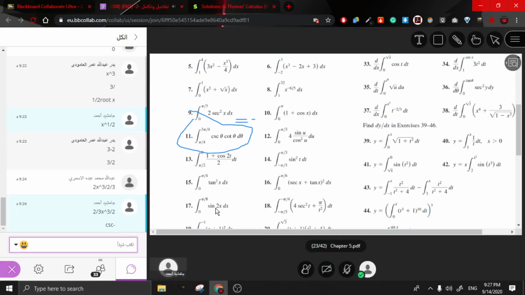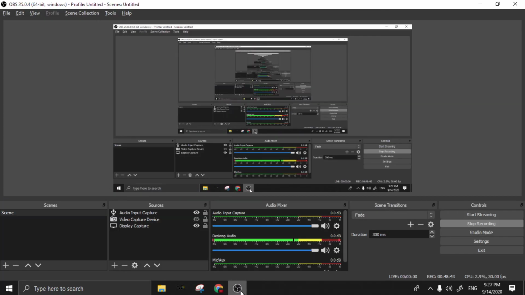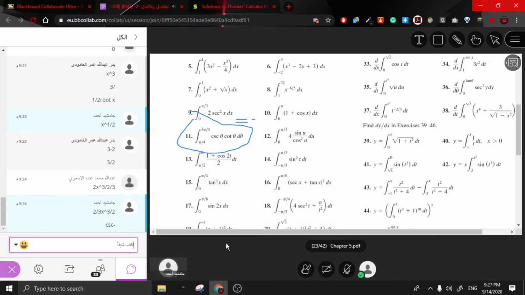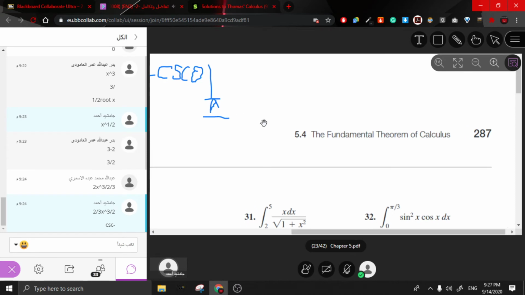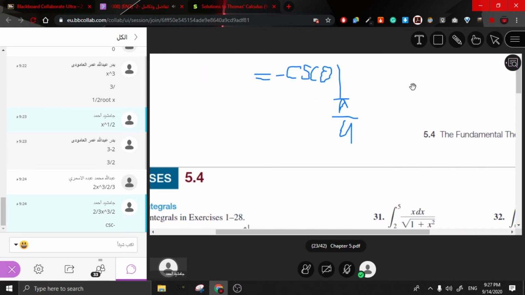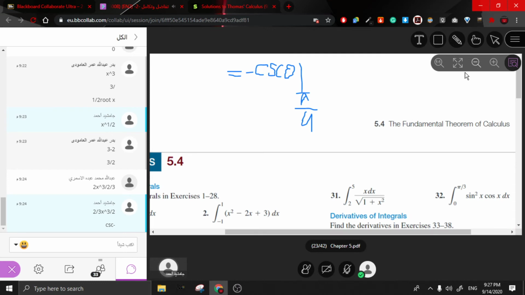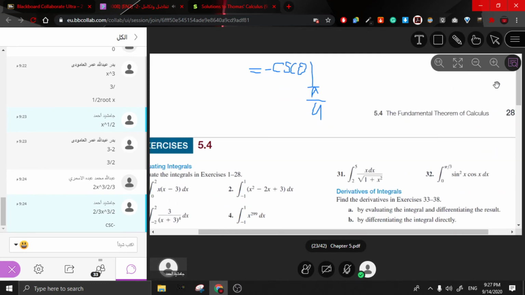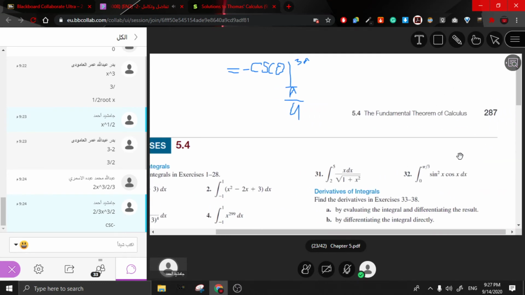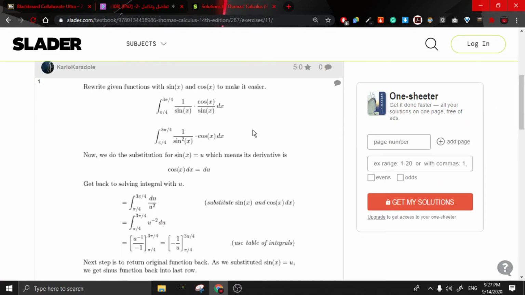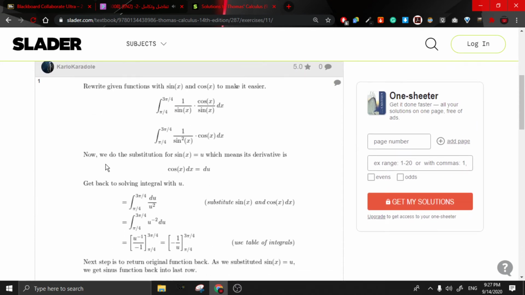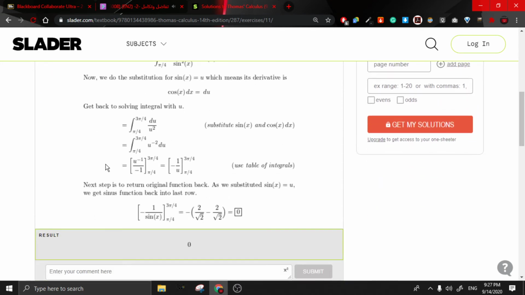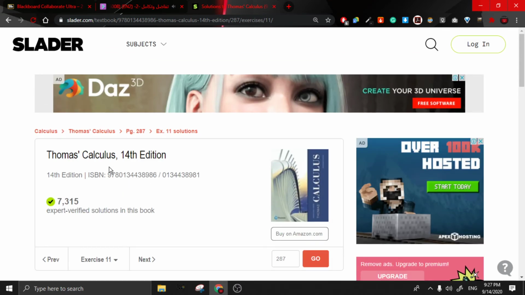The lower limit is pi by 4 and the upper limit is 3 pi by 4. 3 pi by 4 is 135 degrees. Here cosec is equal to 1 over sine, so this minus exists outside.